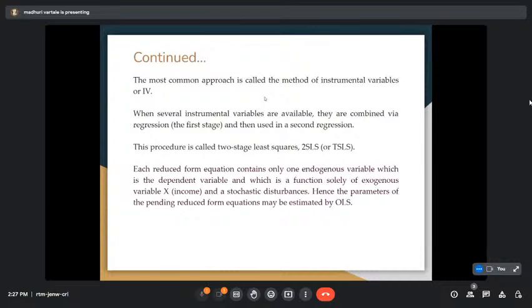Each reduced form equation contains only one endogenous variable, which is the dependent variable, and which is a function solely of exogenous variables, X, and stochastic disturbances. Hence, the parameters of the reduced form equations may be estimated by OLS.